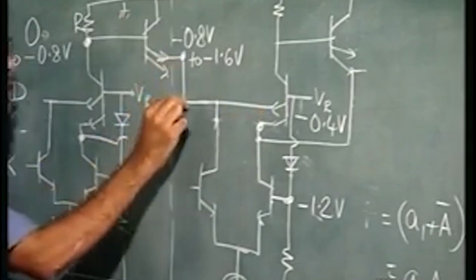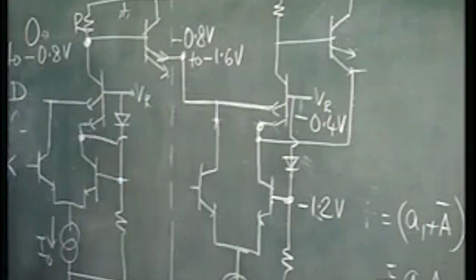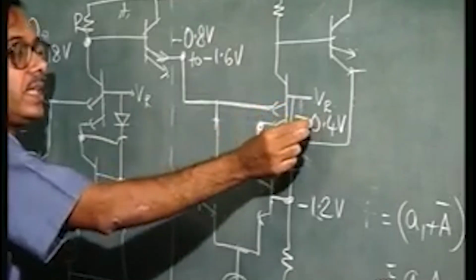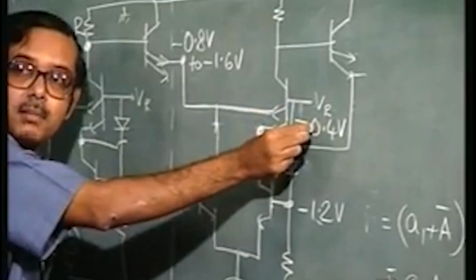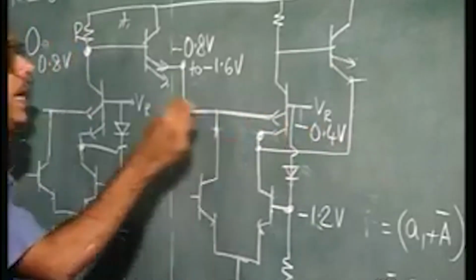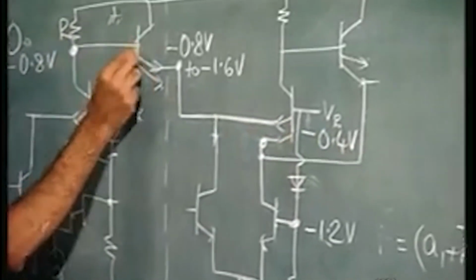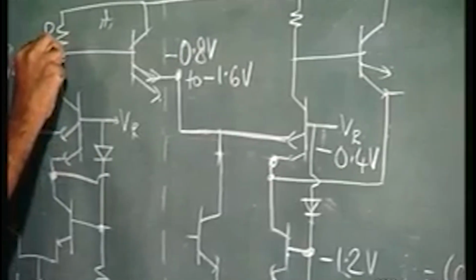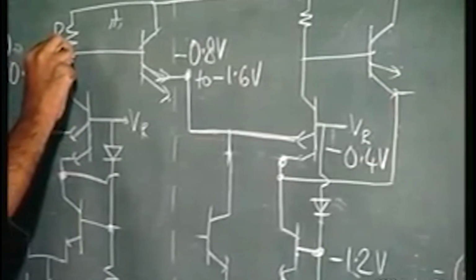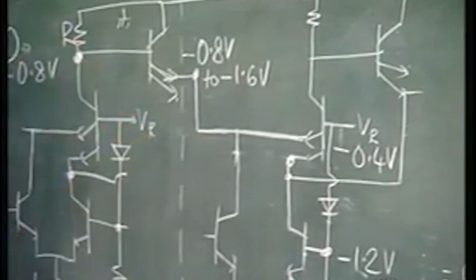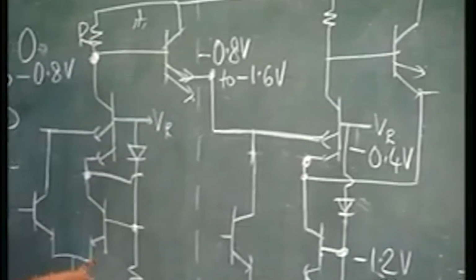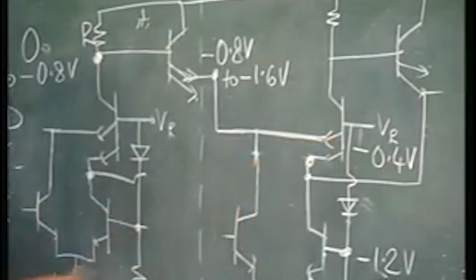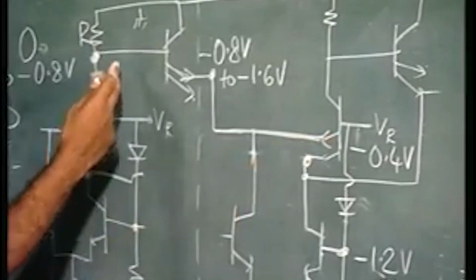The emitters are shorted here, you see. And this input here is minus 0.4 volts, and the input at the base of this transistor is varying from 0 to minus 0.8 volts. So, what we have is a variation of plus or minus 0.4 volts about VR at the base here.